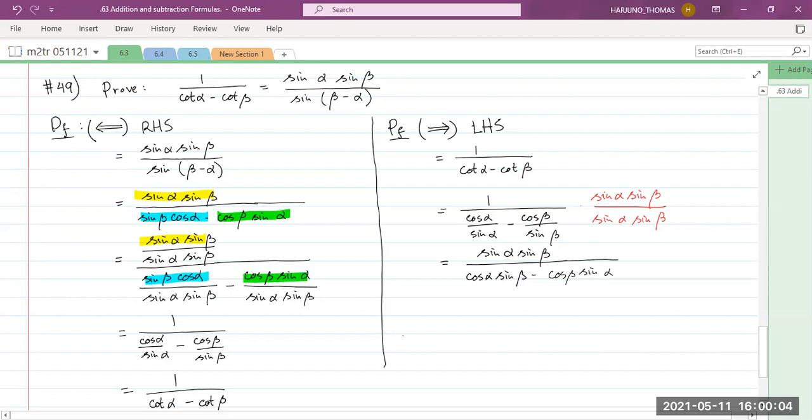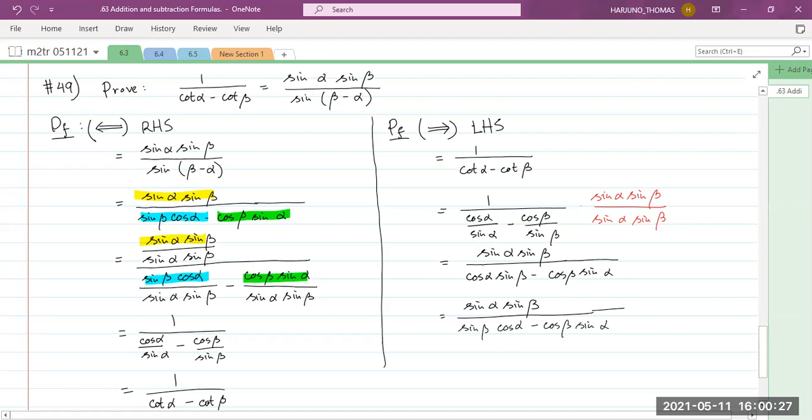Now, it may not be feasible for you, but notice that I can rearrange the product in the denominator into something we are used to. That is, we write sine beta cosine alpha minus cosine beta sine alpha.